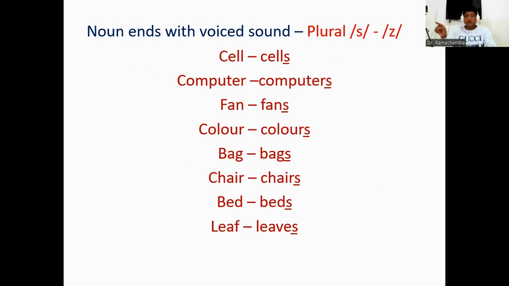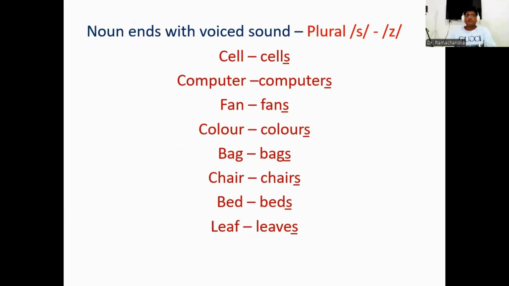So computer is not pronounced like the American accent. Computers, with z, because the schwa is a vowel, and vowel is voiced. That's why it becomes z. Fan, fans, not fans with s.